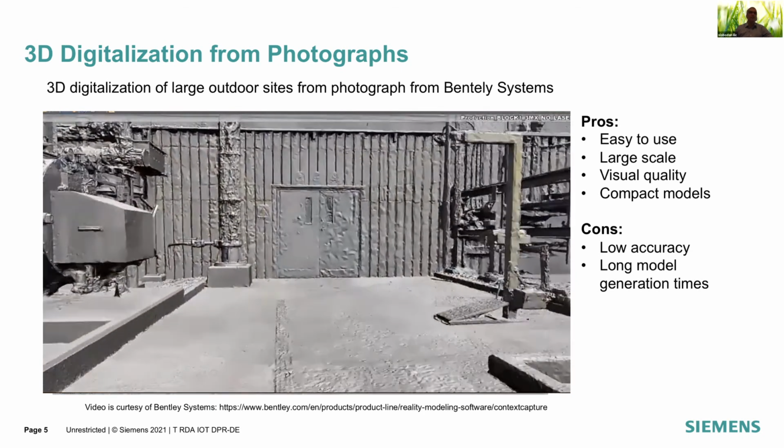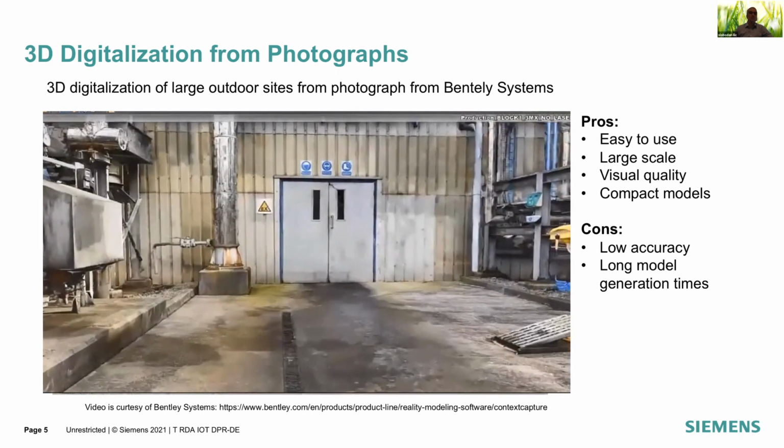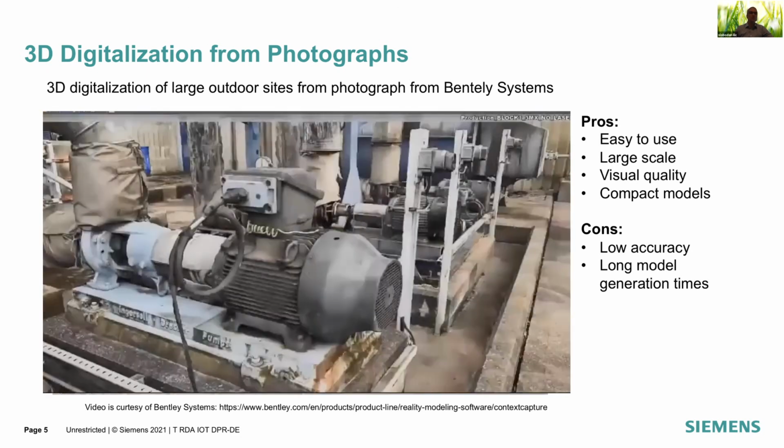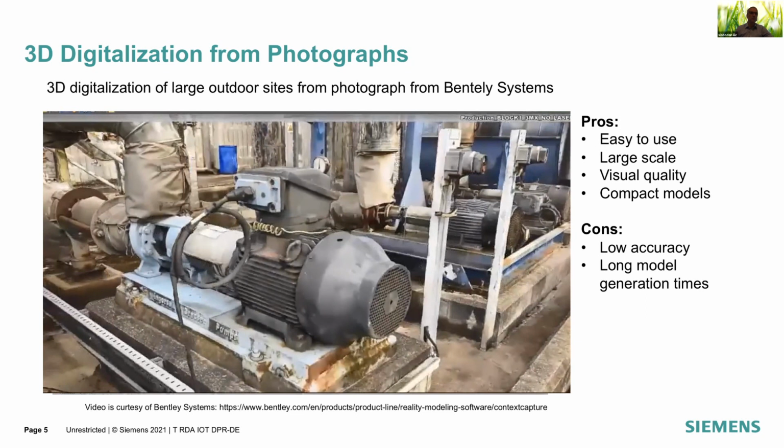The pros of these technologies: they're easy to use. You can take photos at close proximity, and you can take them from a large space outside using drones. You can cover a large scale. They have pretty good visual quality. The models are compact because they are sparse. However, they're not very accurate.